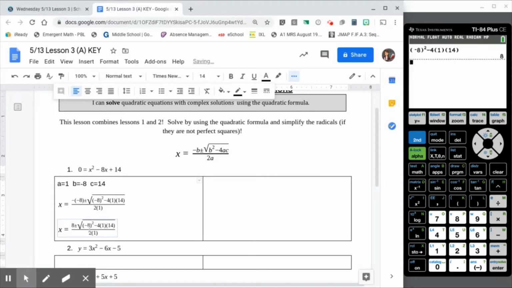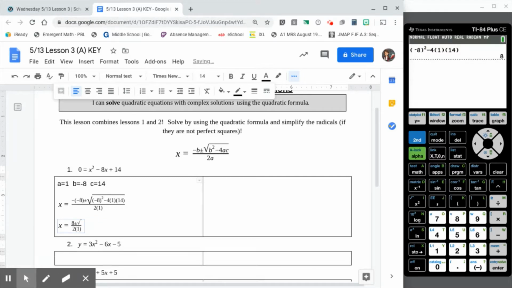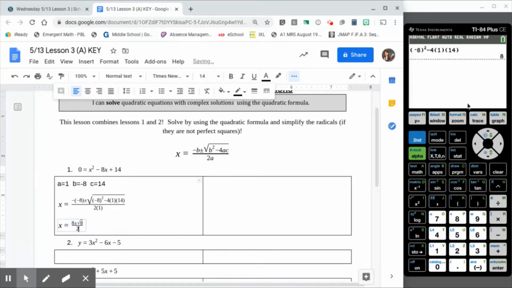Hopefully you're already connecting that 8 is not a perfect square. I'm also simplifying the denominator there. You can always double check by pressing second x squared, which gives you your square root. The square root of 8 is not a pretty number, so that means it's not a perfect square.